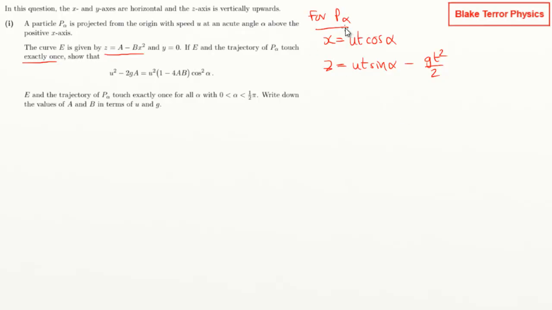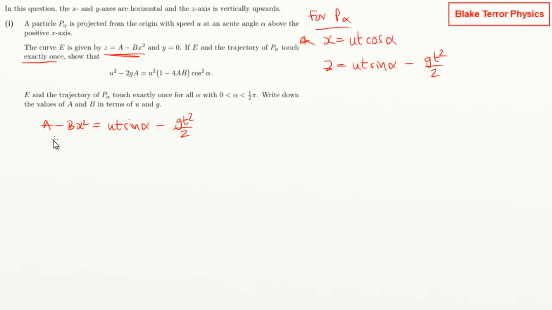So what have we got on all of this then? We need z to be equal for both of them. So we need a minus bx squared to be equal to ut sine alpha minus gt squared over 2. I've still got this x, but I haven't used this yet, so that's going to get rid of that x, and then we've got rid of the x's and the z's.